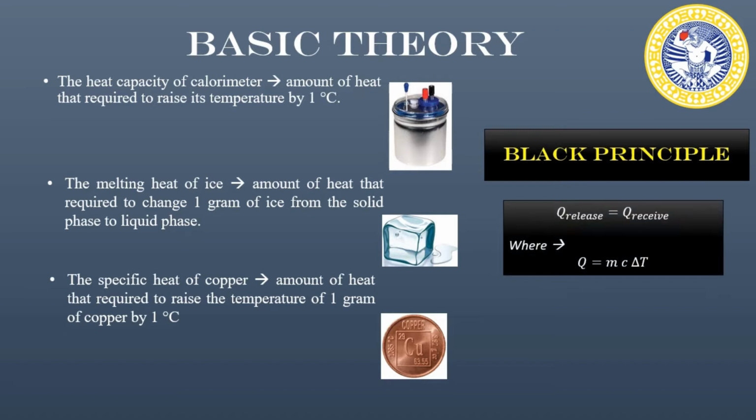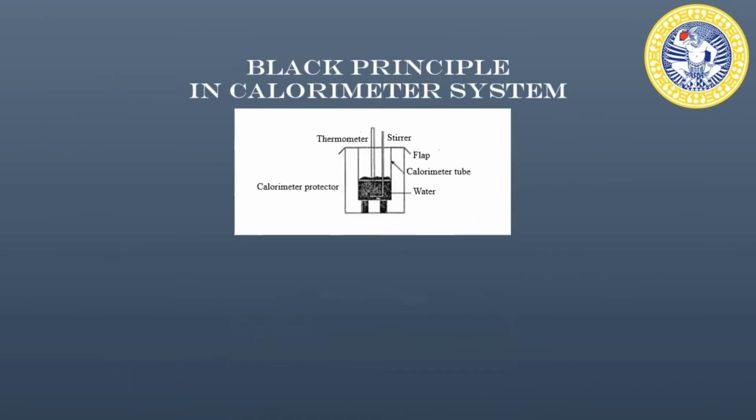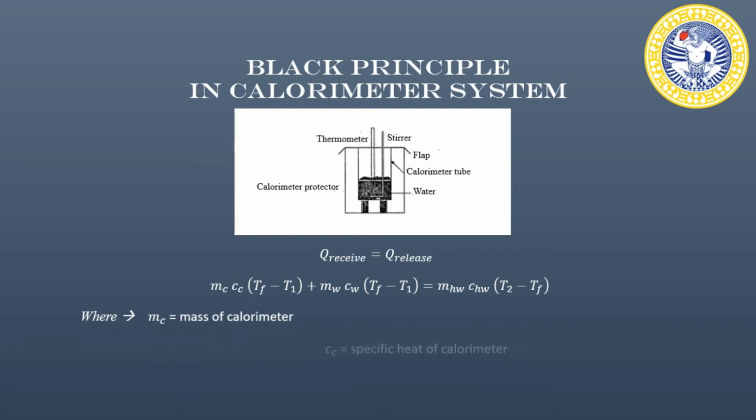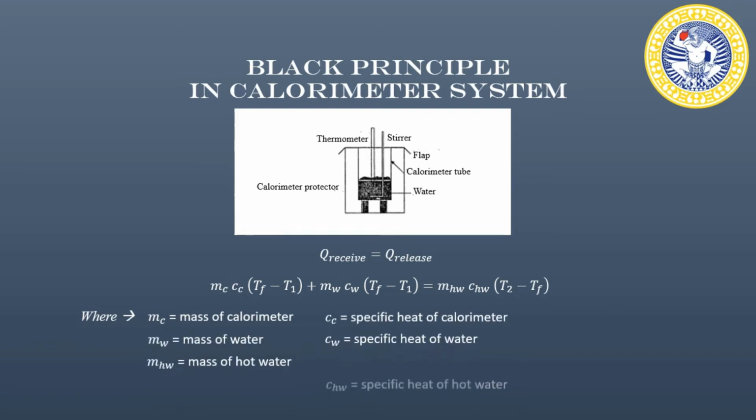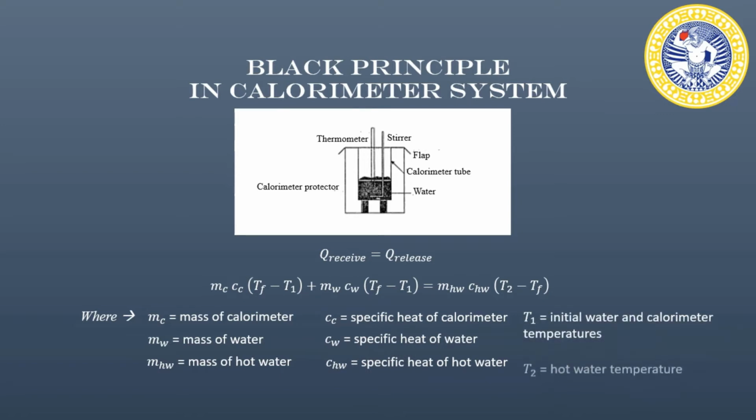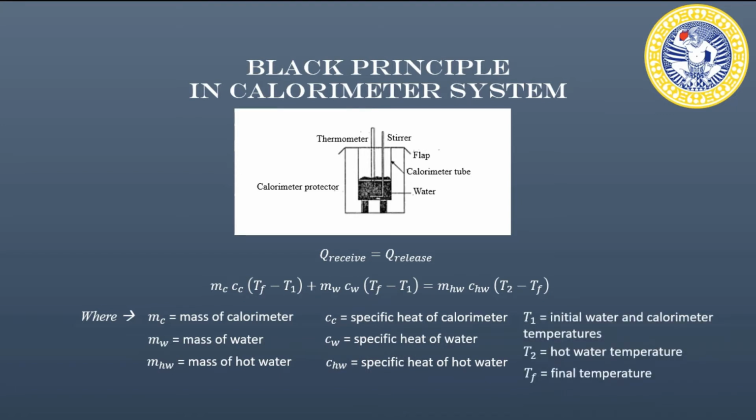Now, if we remember again the Black principle in the calorimeter system, we have a picture here, an illustration of the calorimeter. The calorimeter consists of a calorimeter protector and also a thermometer, a stirrer, water, a calorimeter tube, and a flap.